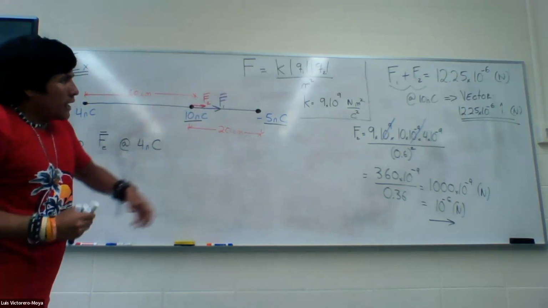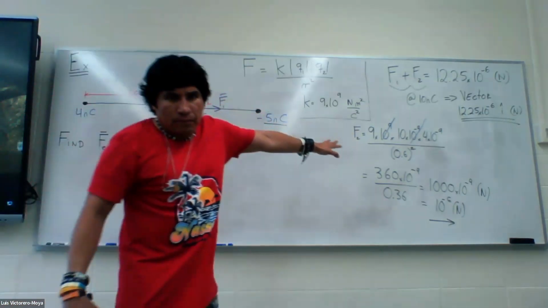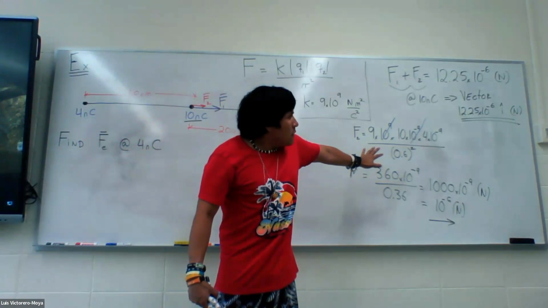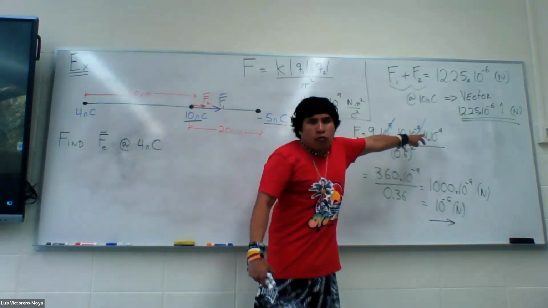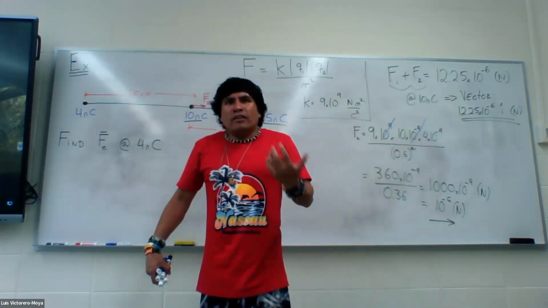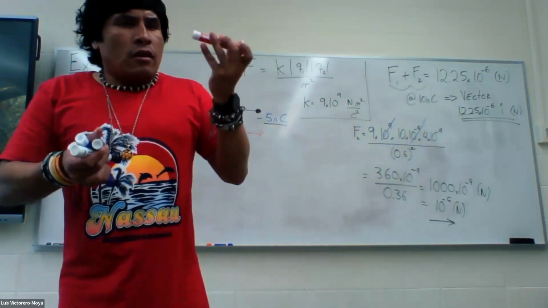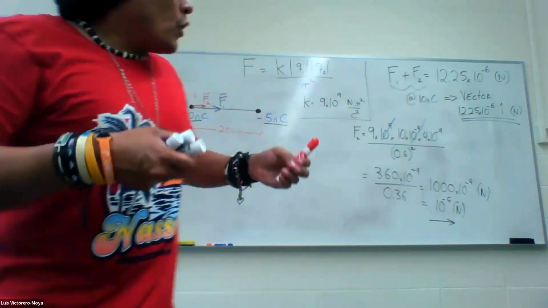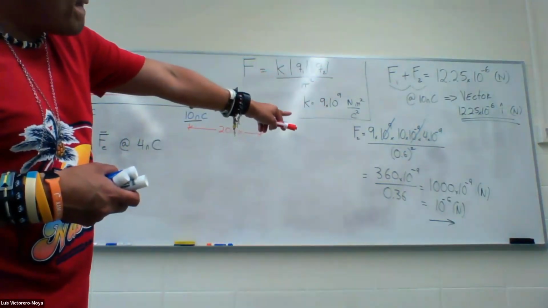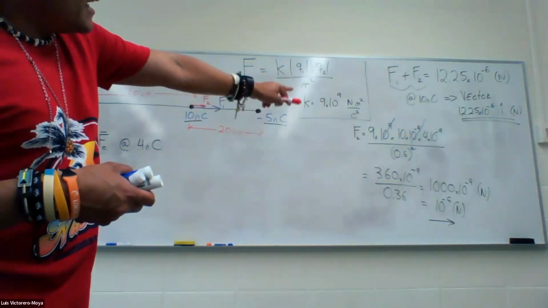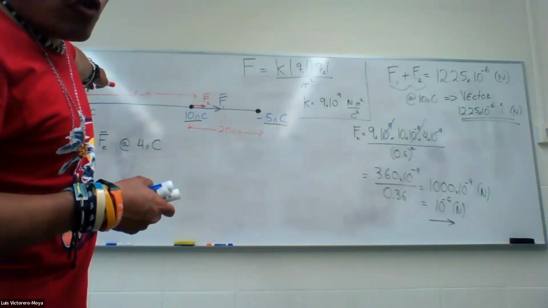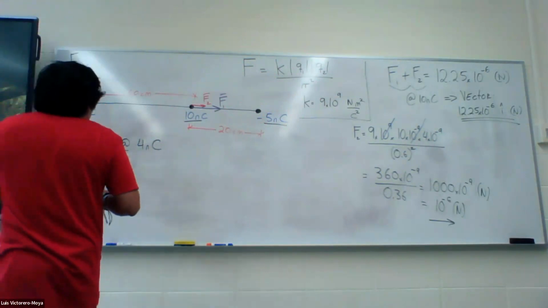This is the force acting between 10 and 4 nanocoulombs. By Newton's third law, for every action, there is an equal and opposite reaction. So the magnitude of the force that I found over there is the same force that the charge of 4 nanocoulombs is experiencing.